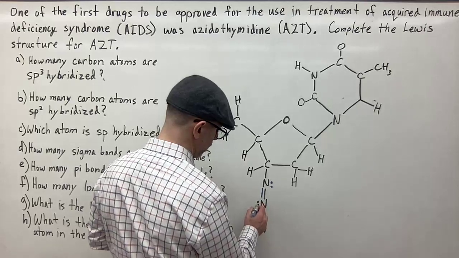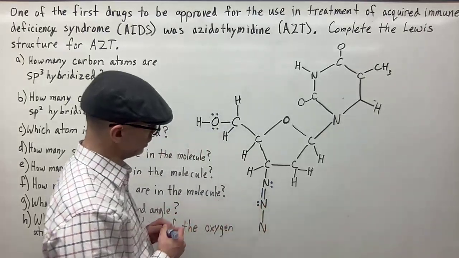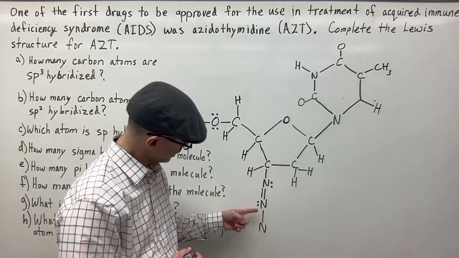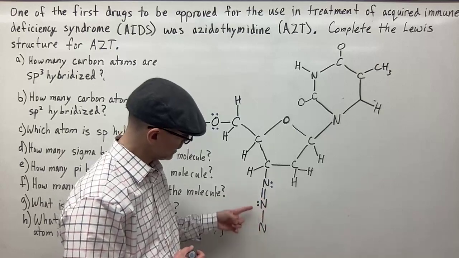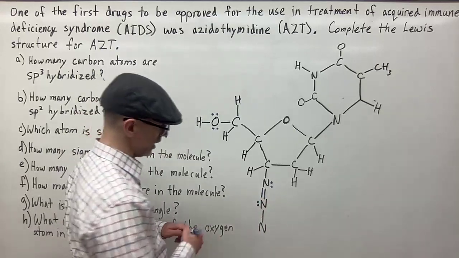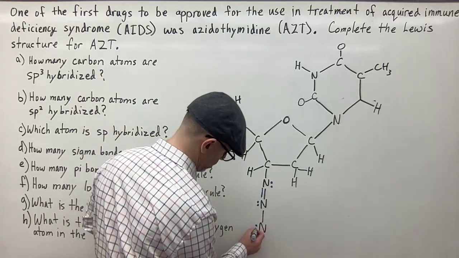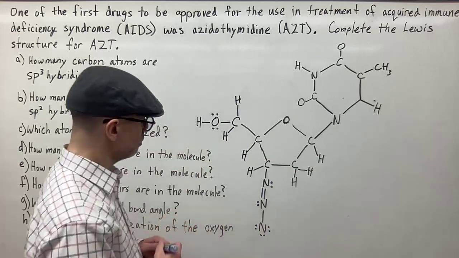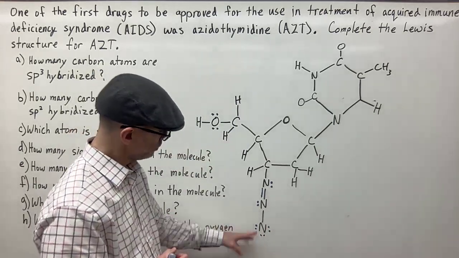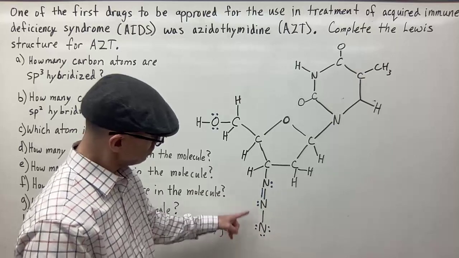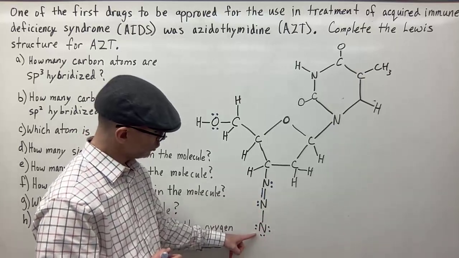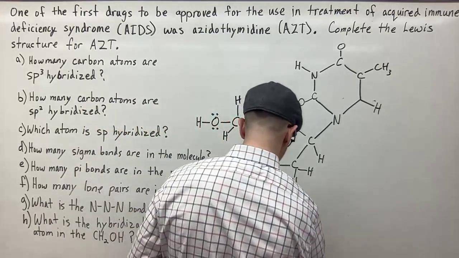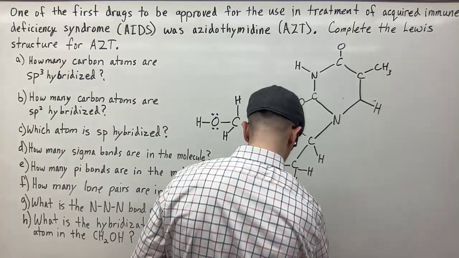So here, if we put a lone pair there, we've got 3 bonds and 1 lone pair, so we've got an octet. The only way to give this an octet would be to have 3 lone pairs, like so. So if you look at the formal charge here, normally nitrogen has 5 valence electrons.